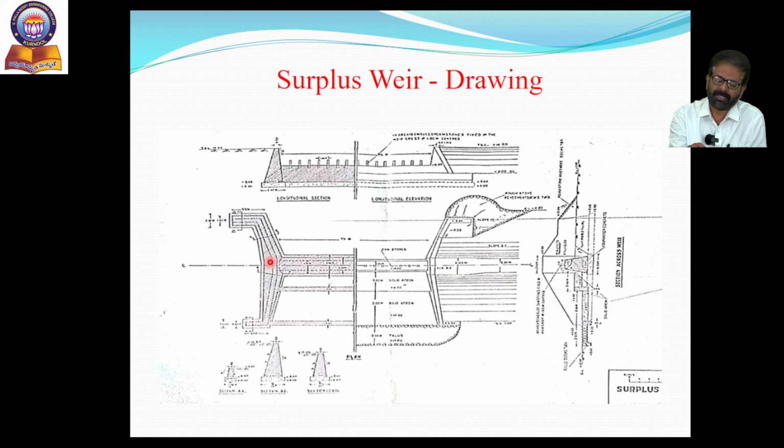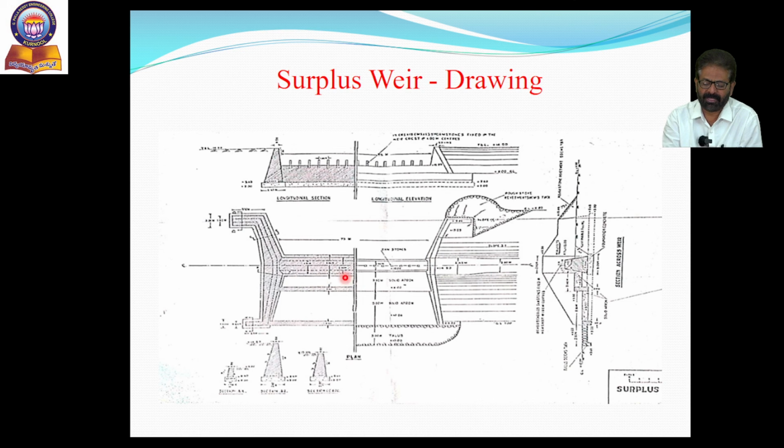That means all the dimensions mentioned here are the dimensions at the top. Similarly, half plan at foundation means all these dimensions represent the dimensions at the floor level or ground level. That's why it is called half plan at ground level or foundation level.